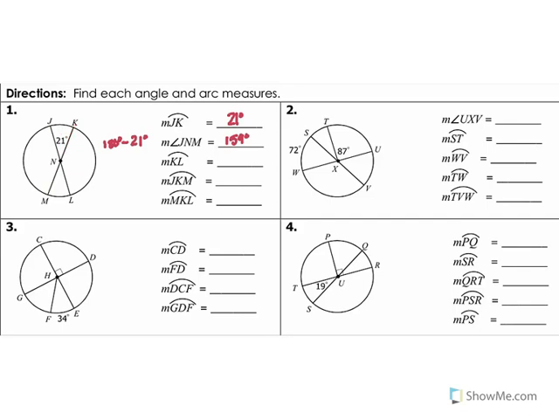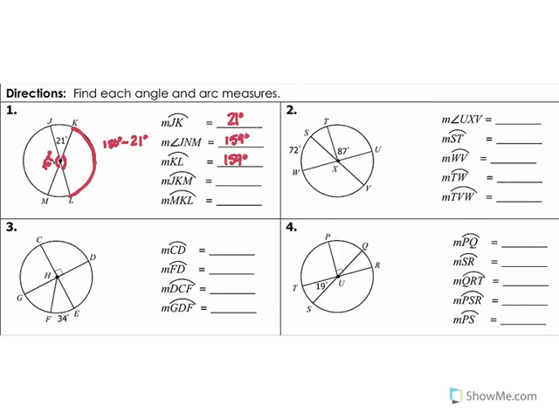Okay, now the measure of arc KL, and we already know that this is 159 degrees, and these two are vertical angles. So KL also has to be 159 degrees.